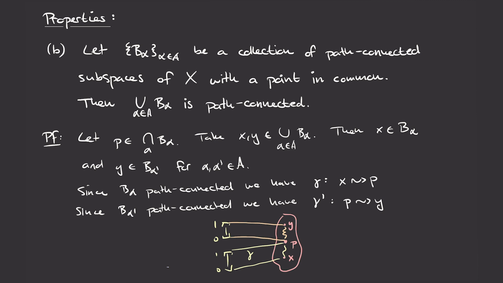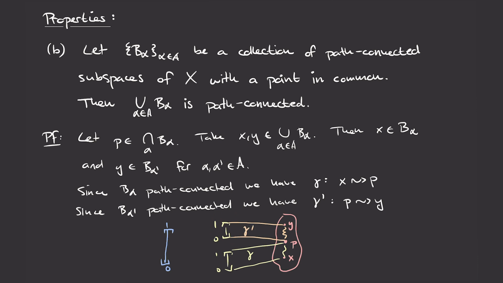To get such a composite path, we need to map out of the unit interval in such a way that 0 gets mapped to X and 1 gets mapped to Y. And the way to do this is to split this unit interval here on the very left in blue into 2 bits and map 1 bit to the bottom unit interval that is the domain of gamma, and then map the other bit to the top unit interval, which is the domain of gamma prime.